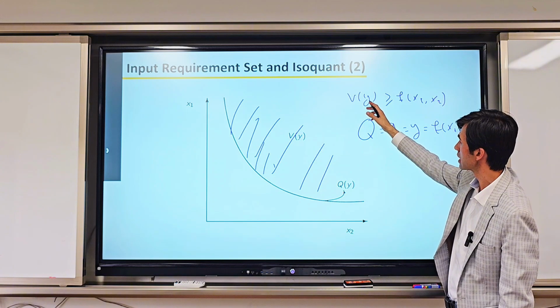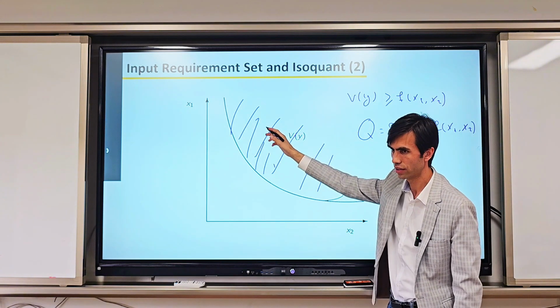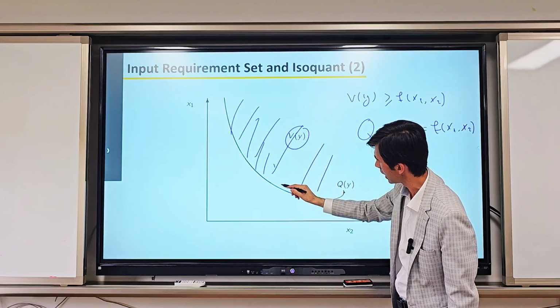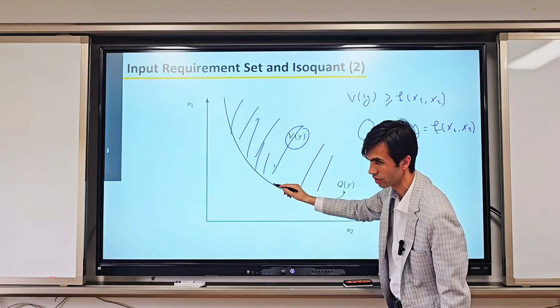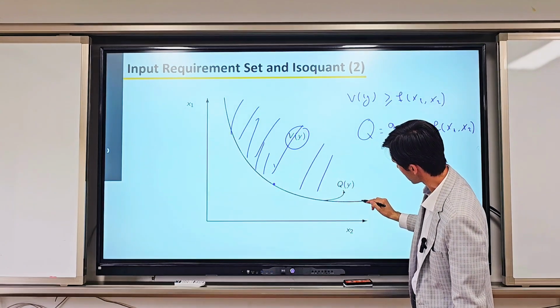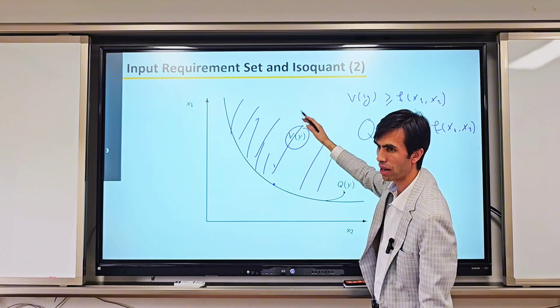But the input requirement set V(y) is this side. So any point in here is greater than or equal to this one, because the input requirement set starts from this curve and above.